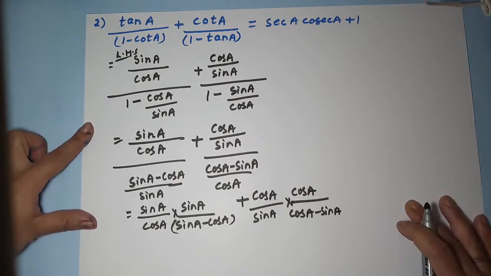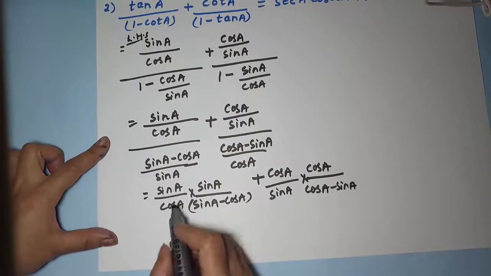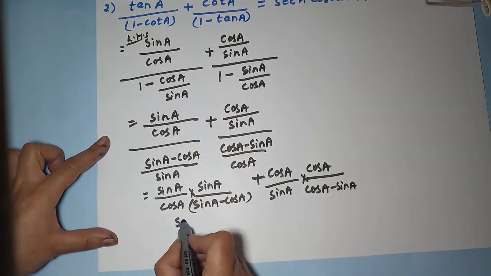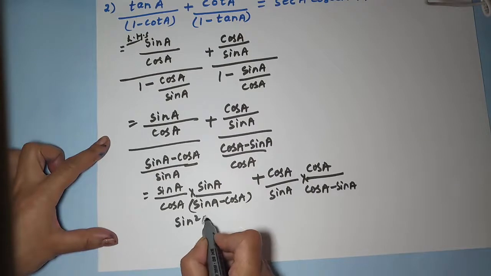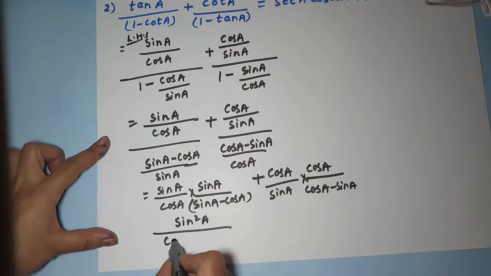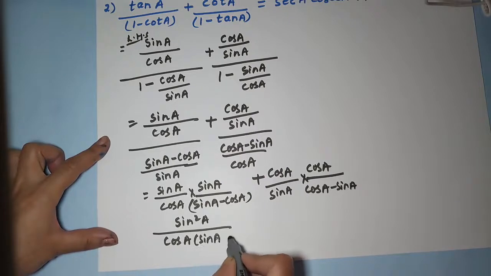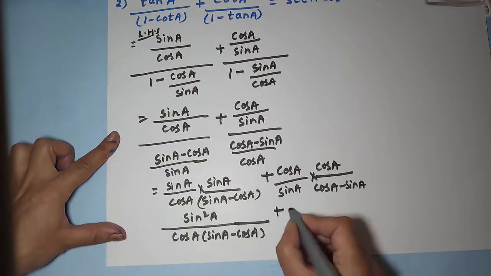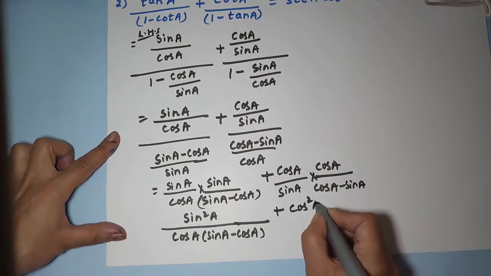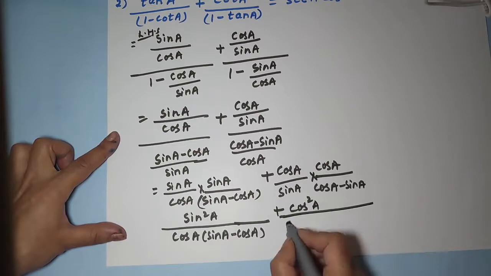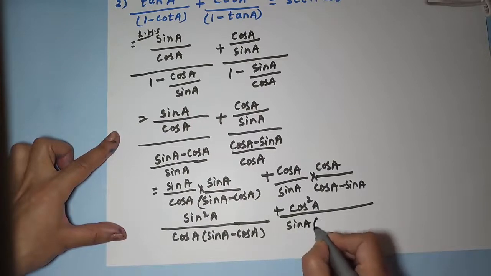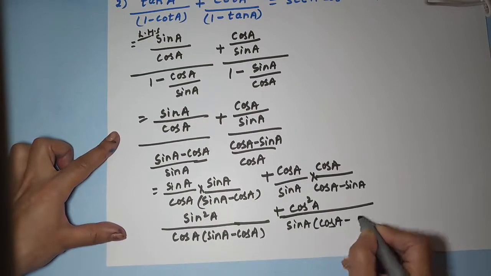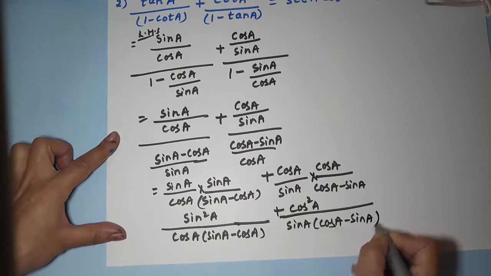So further this will be sin square A upon cos A into sin A minus cos A, and here it will be cos square A divided by sin A into cos A minus sin A. Fine.